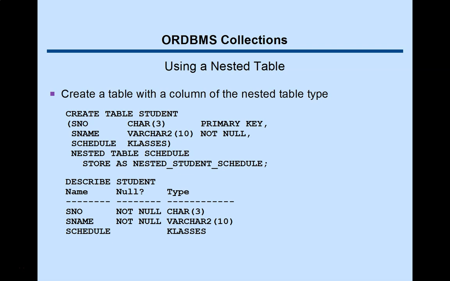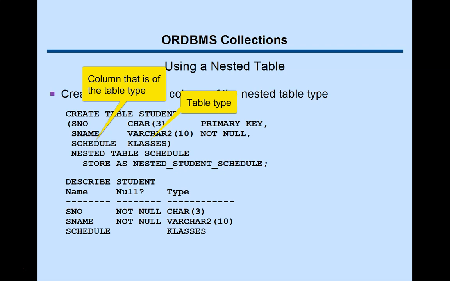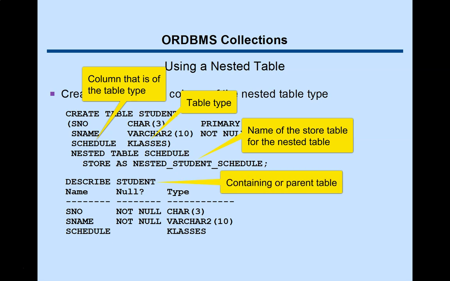When we specify that a column is a nested table, we have to then provide information about the storage of this object, the store table. In this example, we say that nested table is schedule, the name of the column, and that we are to store as a table named nested student schedule. That's the nested table. When we go and describe student, the name of the table we just created, we see the following information.